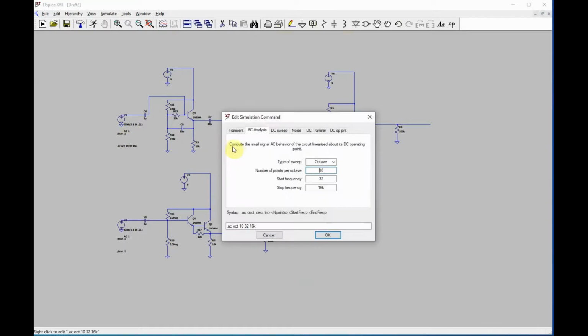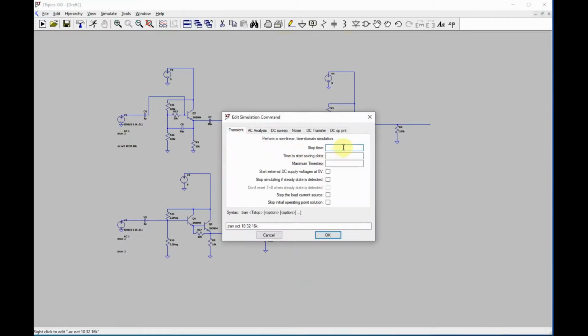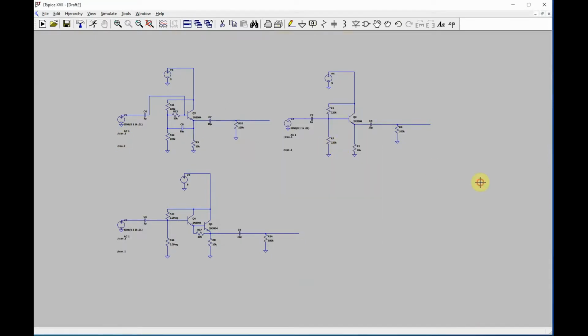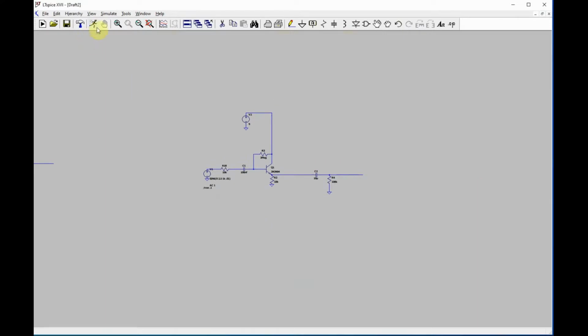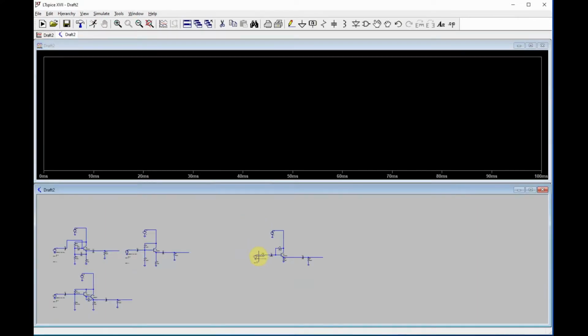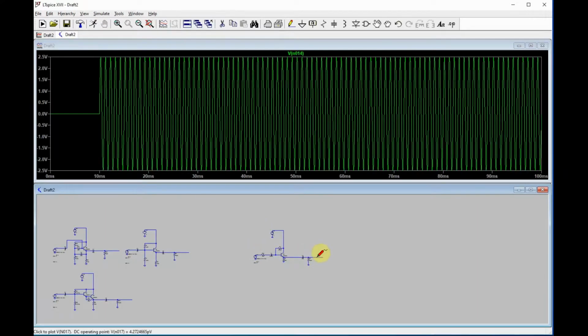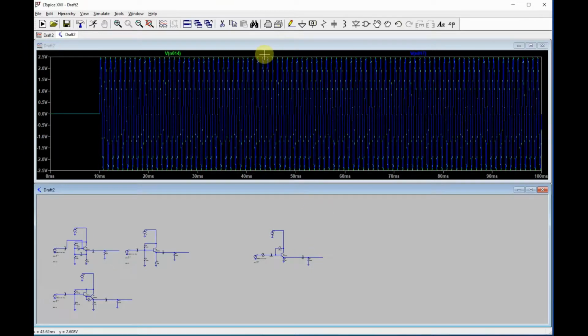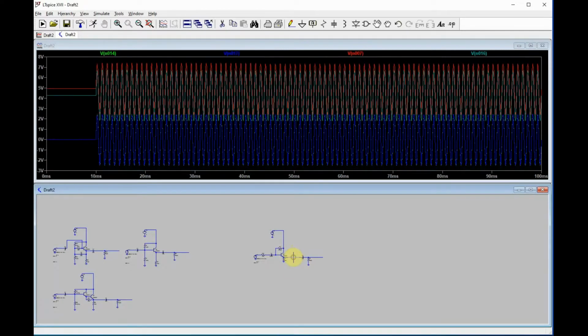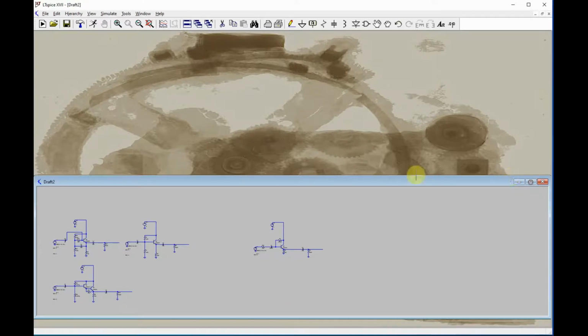We're going to turn this to transient. Let's look here. We've got input and output. We'll look at the base. So this is kind of what the signals look like.